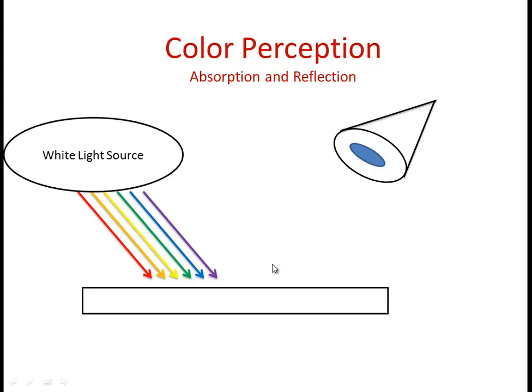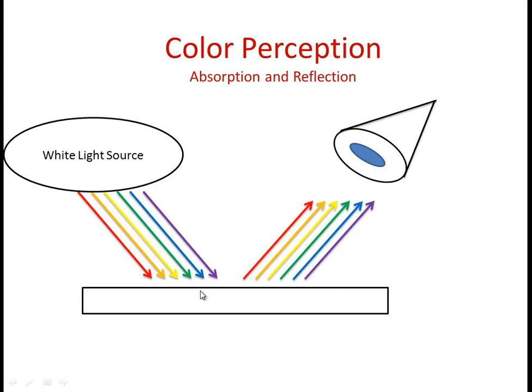The way that we're able to detect and see objects around us is we see those objects through reflected light. So it's impossible to see an object unless there is light, and unless the light is being reflected off of that object. That's what we see.